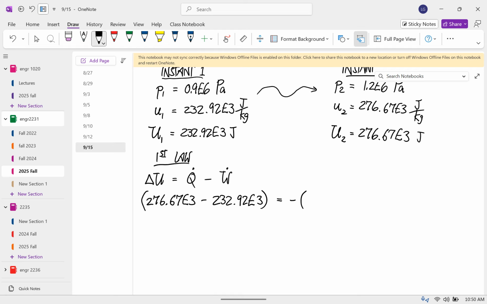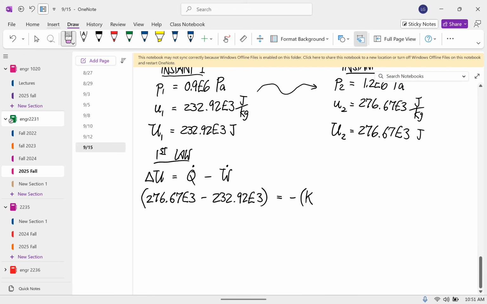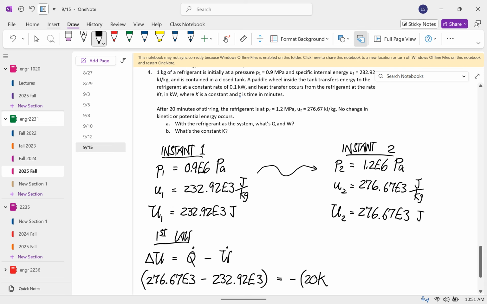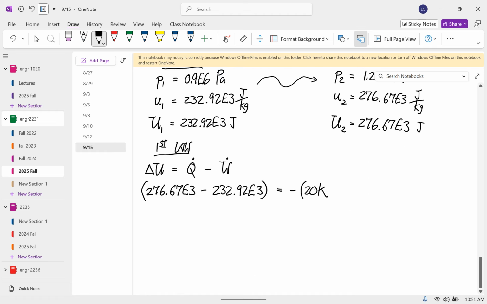So we're going to have like 20K, and that's in kilowatts.